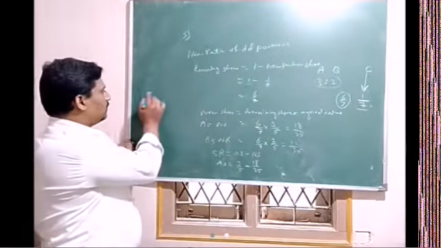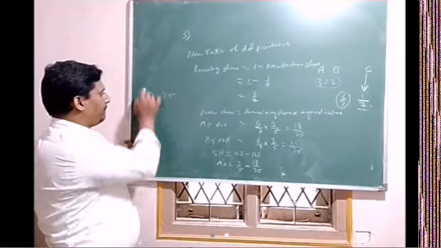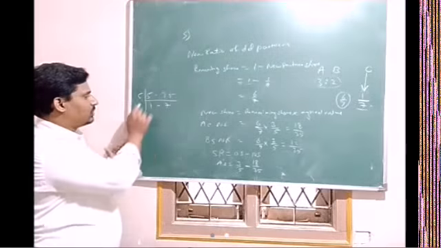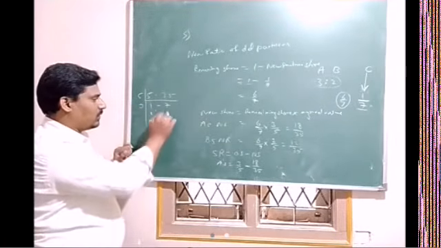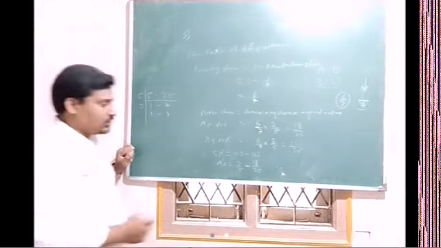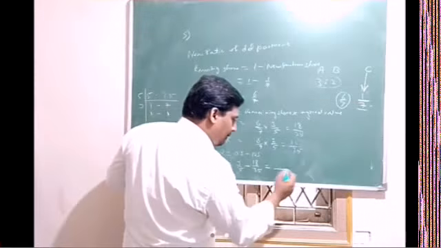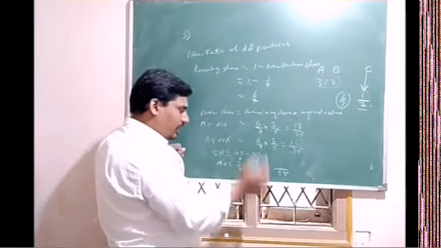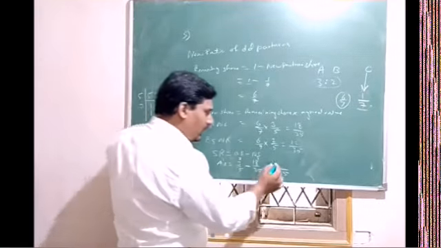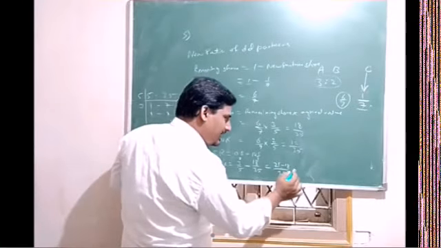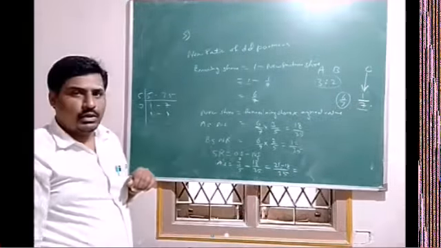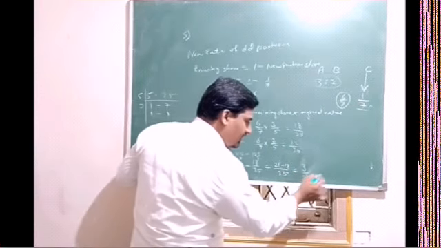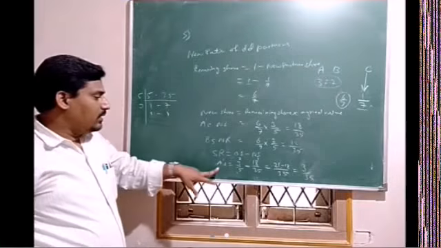So 5, 35. 5 sevens are 35, 7 ones are 7. So the LCM is 35. So 35, into 7 into 1 here. So 21 minus 18 is equal to 3. So 3 divided by 35 is the sacrifice ratio of A.